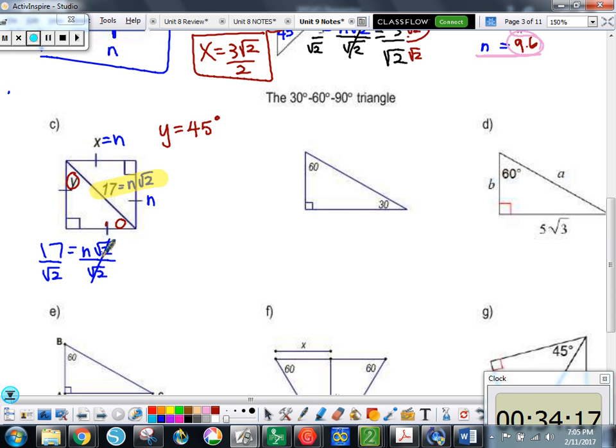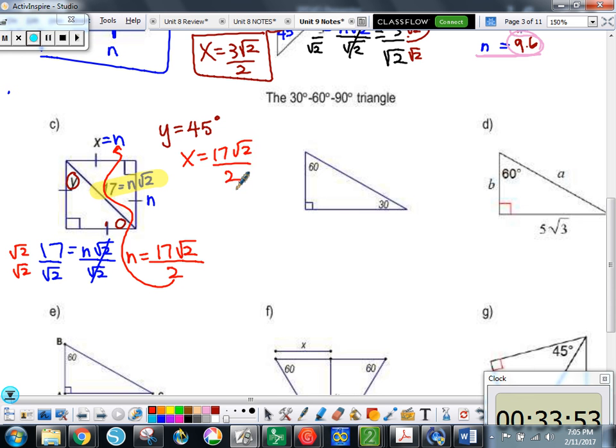And we can't leave the square root in the denominator, so let's rationalize. So n equals 17 square root 2 over 2. Now if n equals 17 square root 2 over 2, and x equals n, x would have to be 17 square root 2 over 2.